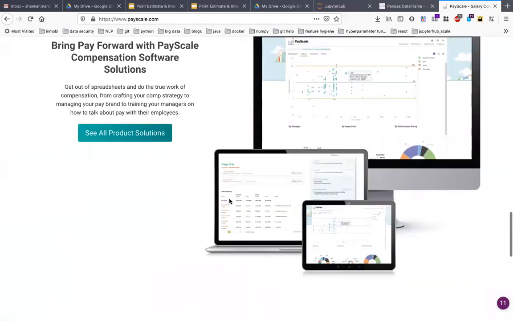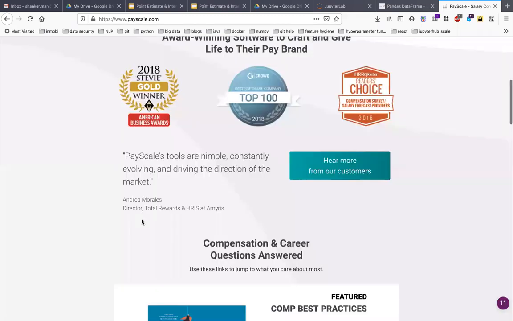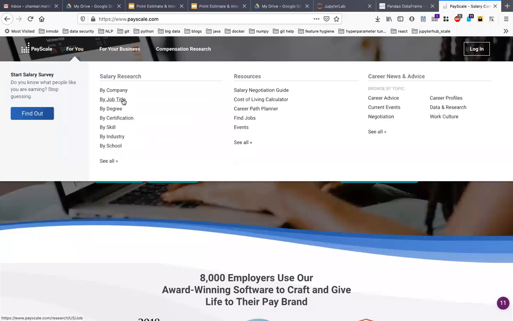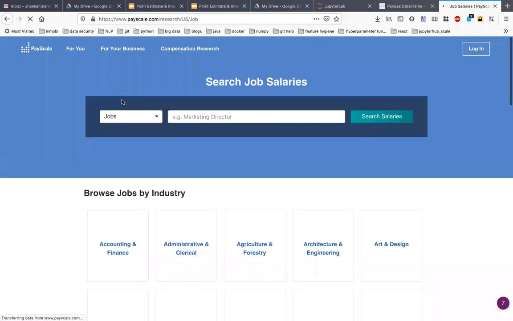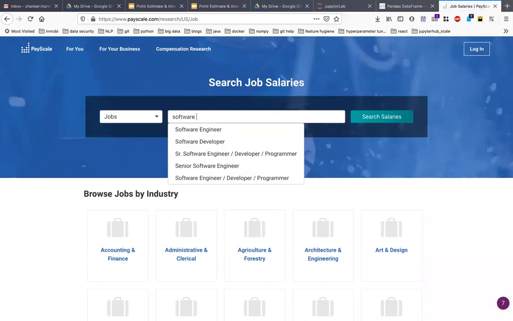I don't know how many people know this, but you can actually look for a software engineer, let's say by job title or skill. Let's say I write software engineer.